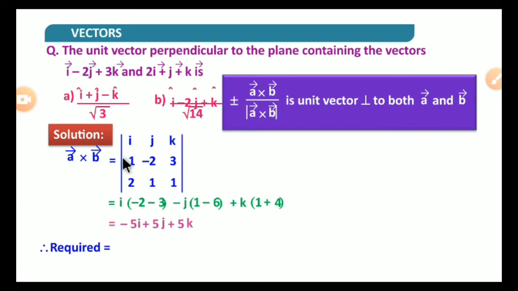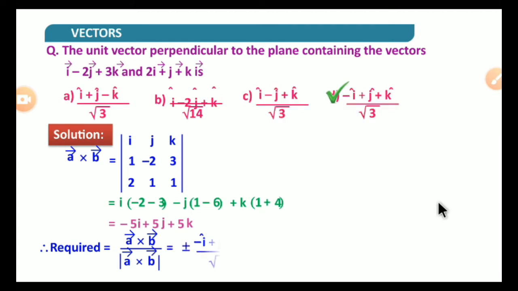Now the required unit vector will be equal to A cross B divided by the magnitude of A cross B, so that is equal to plus or minus... see here, the magnitude of A cross B will be equal to 5 squared plus 5 squared plus 5 squared, that is the square root of 75.